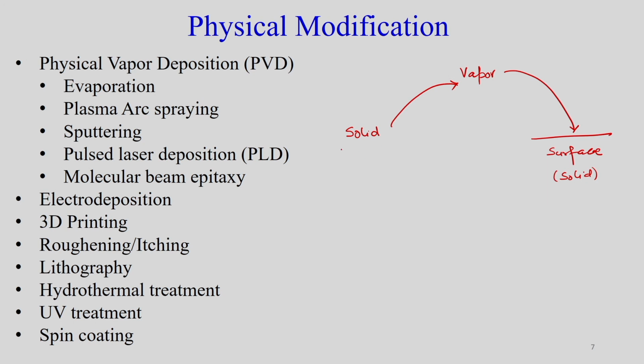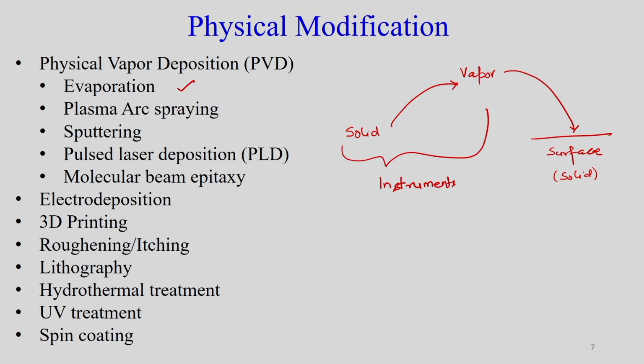To convert the solid to the vapor, we apply different instrumentation techniques. The solid can be converted to the vapor by evaporation or plasma.